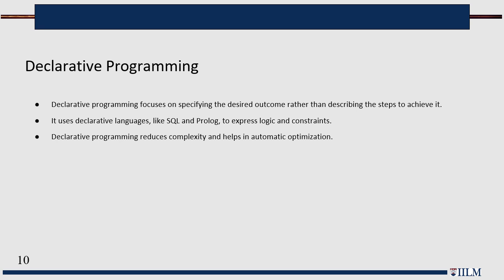Declarative programming reduces complexity and helps in automatic optimization. Obviously, as we are giving commands to get the data only, it should reduce the complexity because it's automatically working on its own.